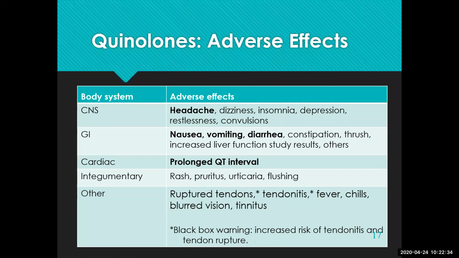While they're taking levofloxacin or ciprofloxacin, if they have any tendinitis symptoms, stop taking the drug and notify the provider immediately. There is a black box warning regarding that. And some people are more at risk than others, and our older adults, of course, are highly at risk for this. So the big things here are your GI problems and your ruptured tendons or tendinitis with quinolones.